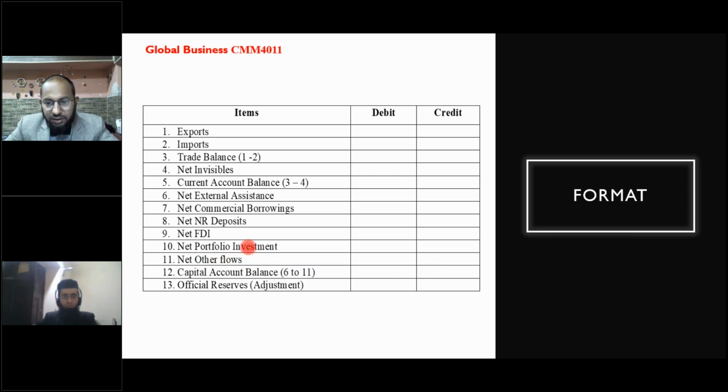Now, because this is a statement for one particular country, that is India, it is very difficult to reach a perfectly balanced figure. We cannot have a trial balance in this kind of statement. That's why there will always be some kind of mismatch. That mismatch we then try to adjust through official reserves.